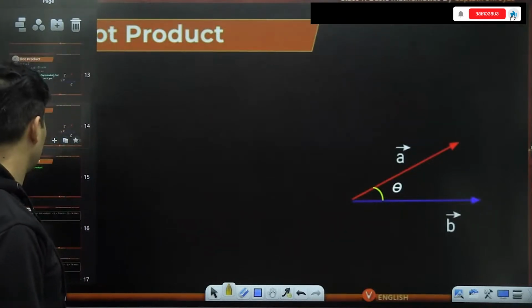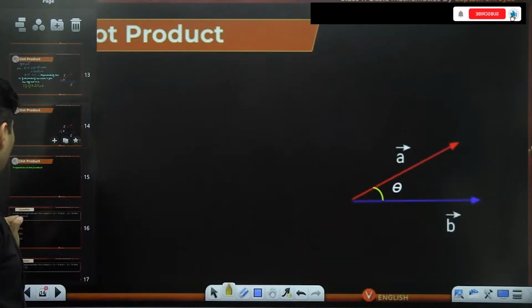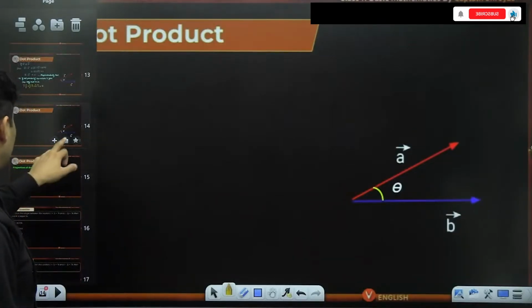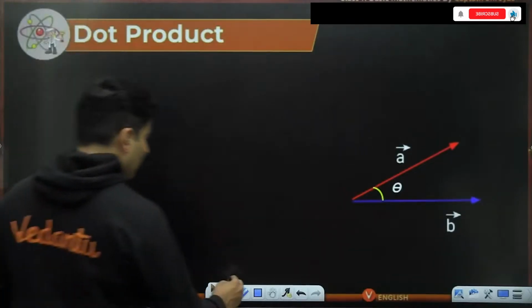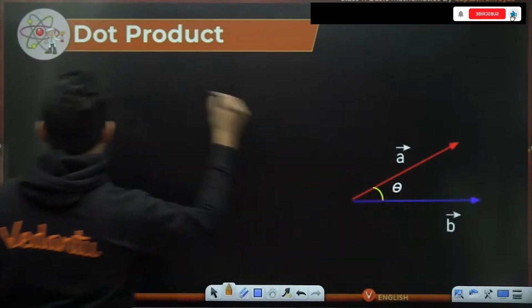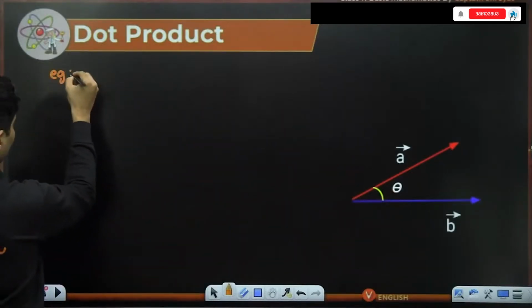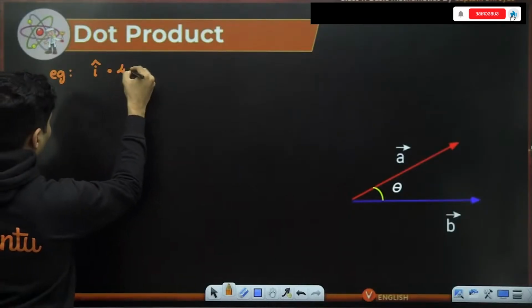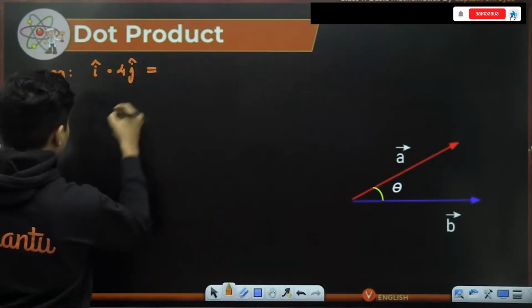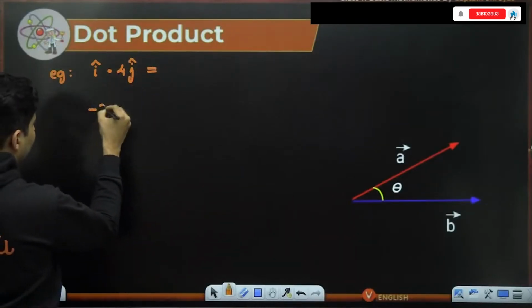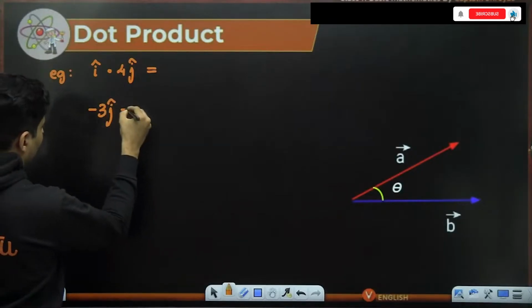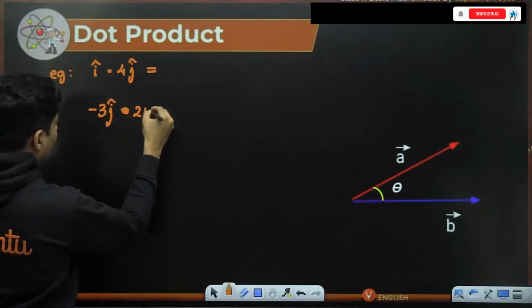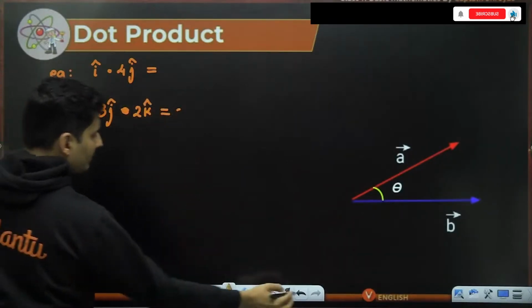Okay, sir. Understood. Now, what if I had to give you some examples of this? Let's start with some examples. i cap dot 4 j cap, what is the answer? Minus 3 j cap dot 2 k cap, what is the answer?